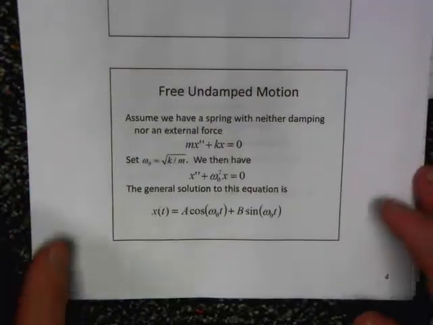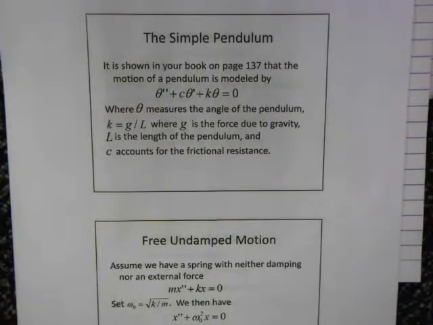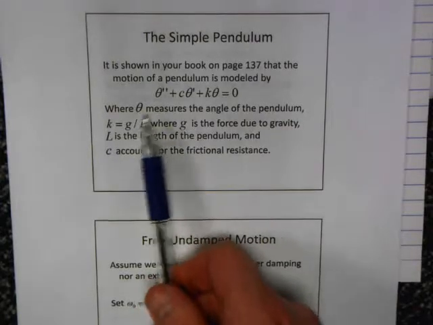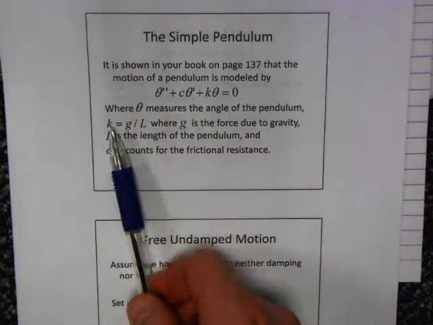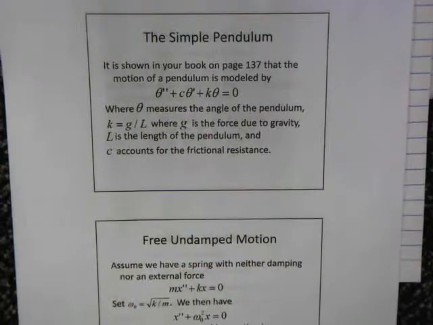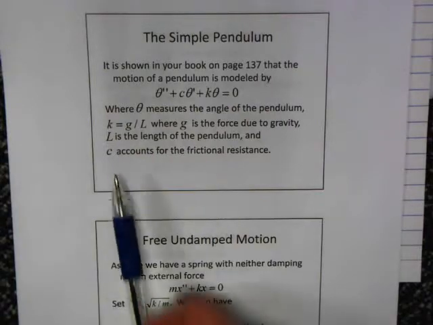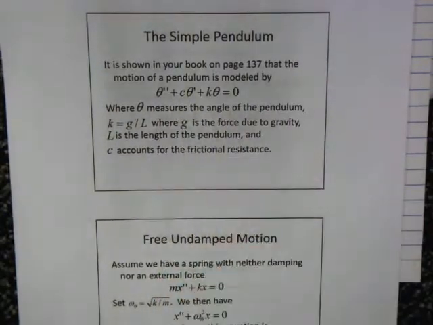Now, it just so happens, if you take a pendulum, this is derived on page 137 of your book. I'm not going to go through the whole derivation. But if theta is the measure of the angle of the pendulum, k is the pendulum constant, which is g over L, where L is the length, and c, again, accounts for the dashpot, you get exactly the same equation.